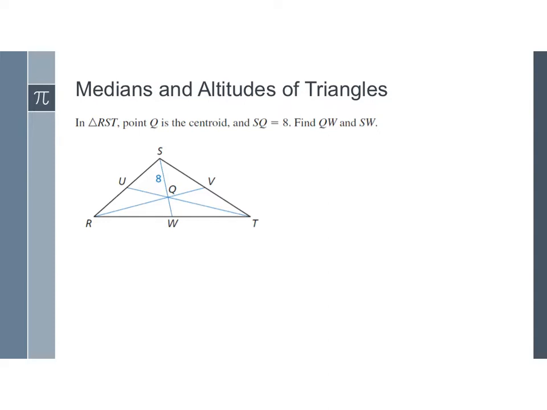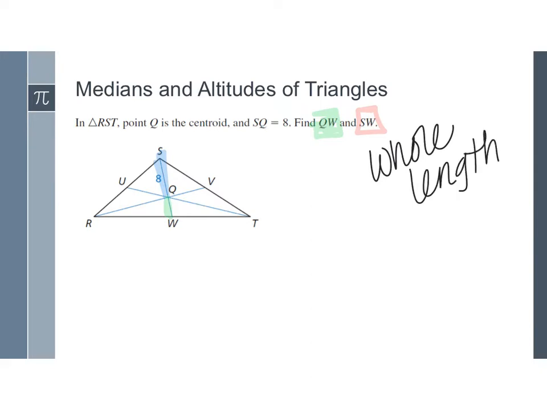I know the blue line of the triangle, the 2/3, which means they're asking me to find QW, which is 1/3. And then SW is the whole length.